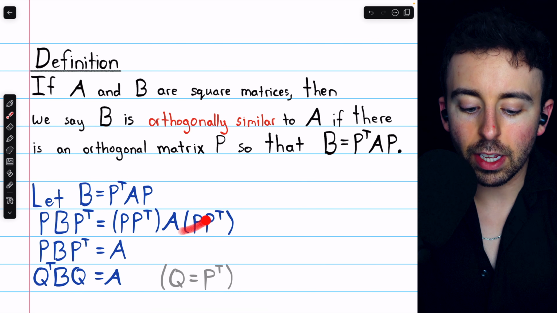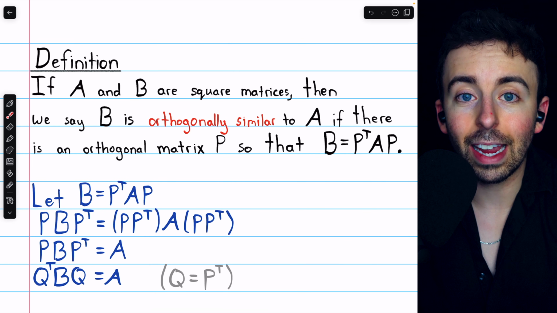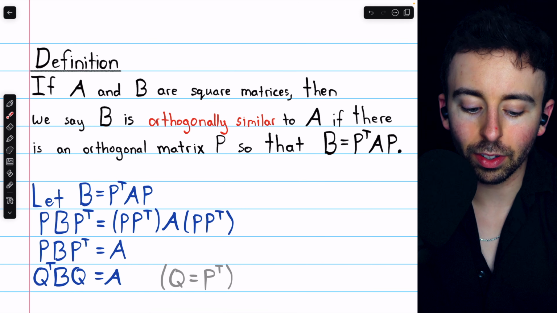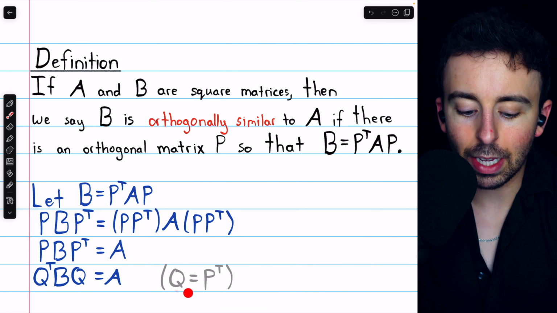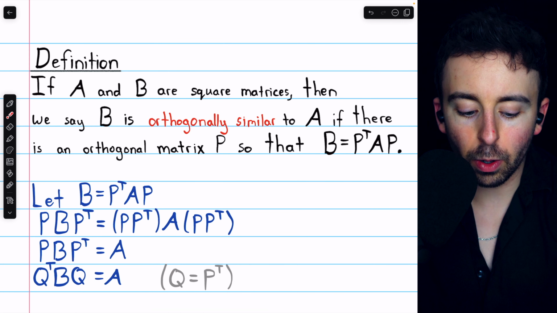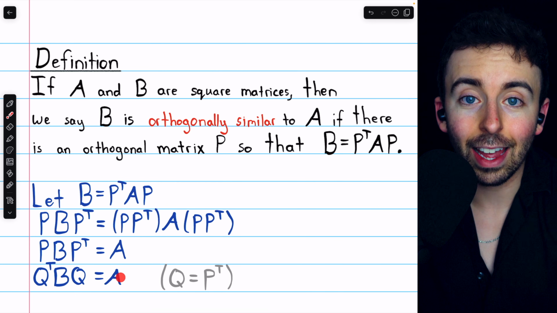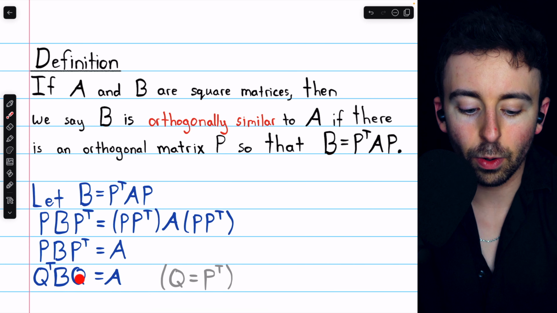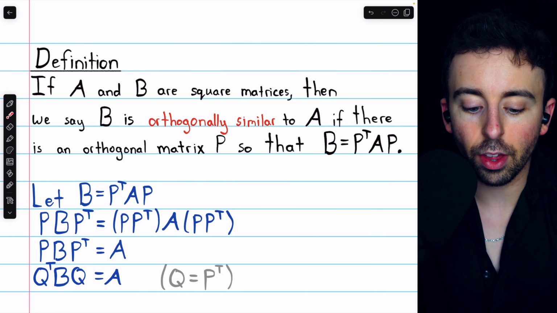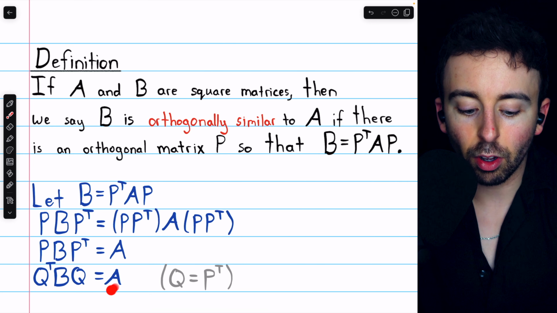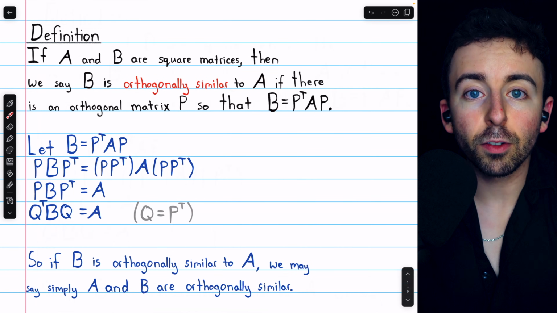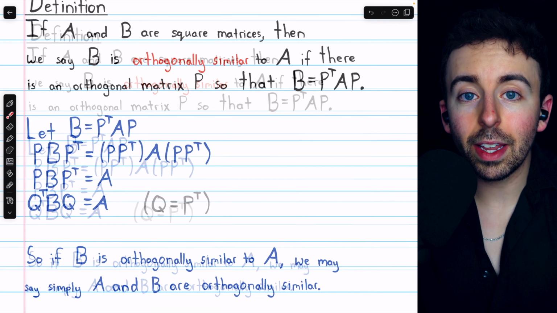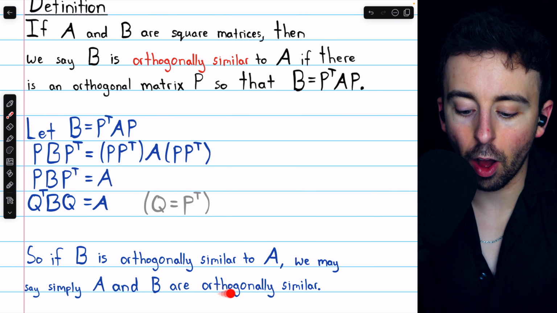Doing that on the right side of the equation would cancel the P transpose and the P out, and so we would have that P B P transpose equals A. Then, letting Q equal P transpose, we'd have that Q transpose times B times Q equals A. And if P is orthogonal, then so too is P transpose, which in this case is Q. So this shows that if B is orthogonally similar to A, then A is also orthogonally similar to B. Hence, rather than using the word "to," which implies a direction of orthogonal similarity, we may simply say that A and B are orthogonally similar.